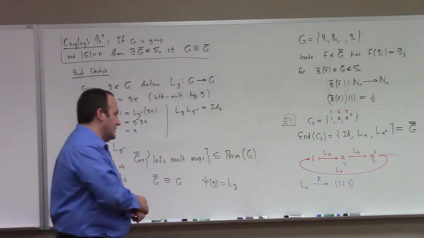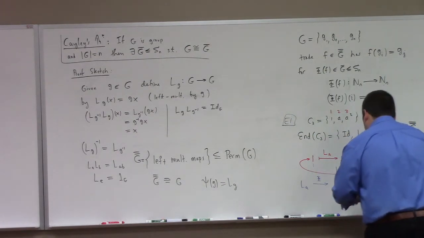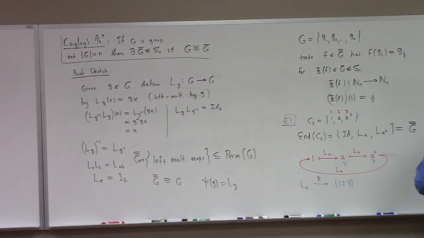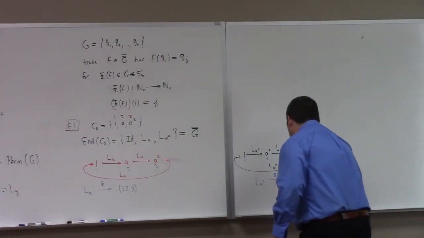And likewise, what happens if you look at LA squared? Starting from 1, LA squared takes us to A squared. LA squared acts again, we get A to the 4th, which is equal to A. And then LA squared acts again, and you're back where you started. So this cycle starts with the first thing in the group, goes to the third thing, and then goes to the second thing with my labeling. So LA squared transfers under the isomorphism to the element 3, 2, 1.